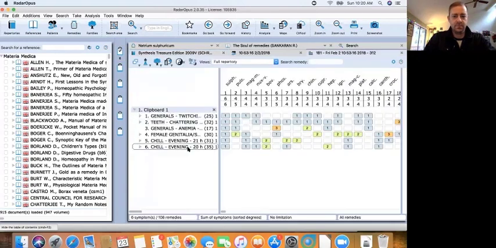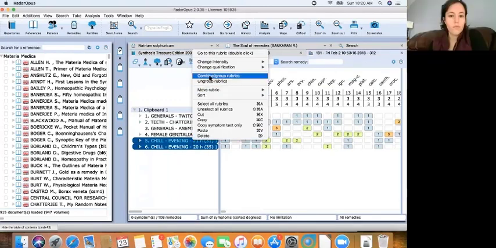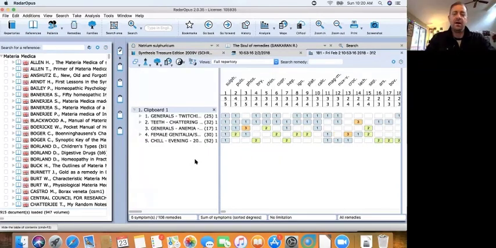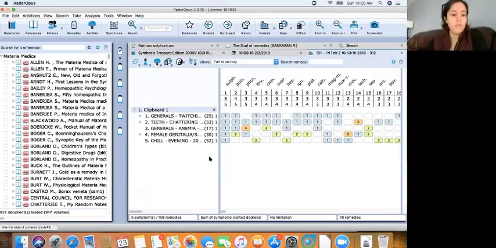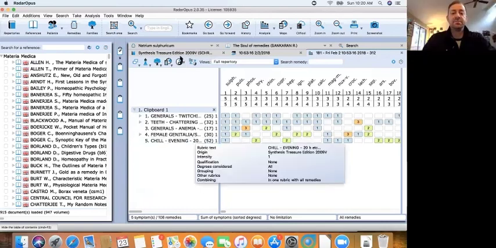And I agree that the time modality is interesting. The other thing that's happening here, other than just looking at the time modality, is that the chill is periodic.